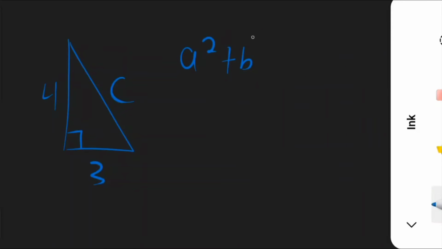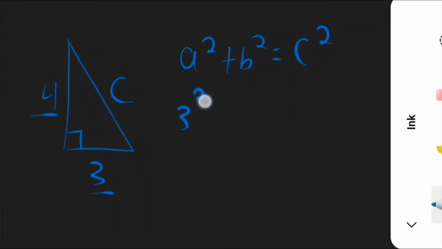So we have a triangle, and we'll say this length is 4, the other leg is 3, so we need to solve for the hypotenuse. We'll do a squared plus b squared equals c squared. We know both legs, so we'll plug those in.